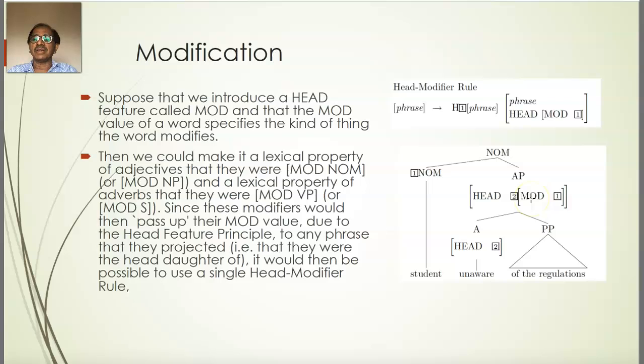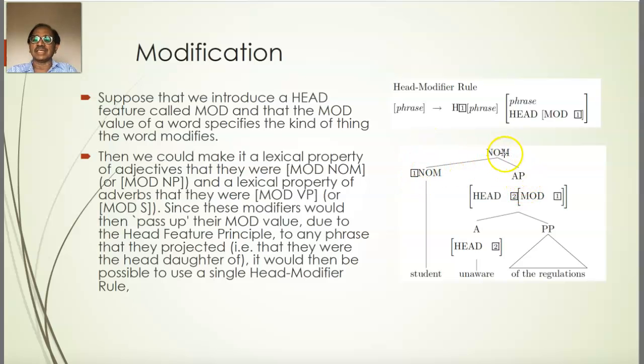So this PP is a complement of the adjective, and this adjective has the head value which has a modifier, and the modifier's value is the same as 1. So this adjective has a requirement that it modifies a nominal that is passed on from here to here. Okay, and this modifies the noun.